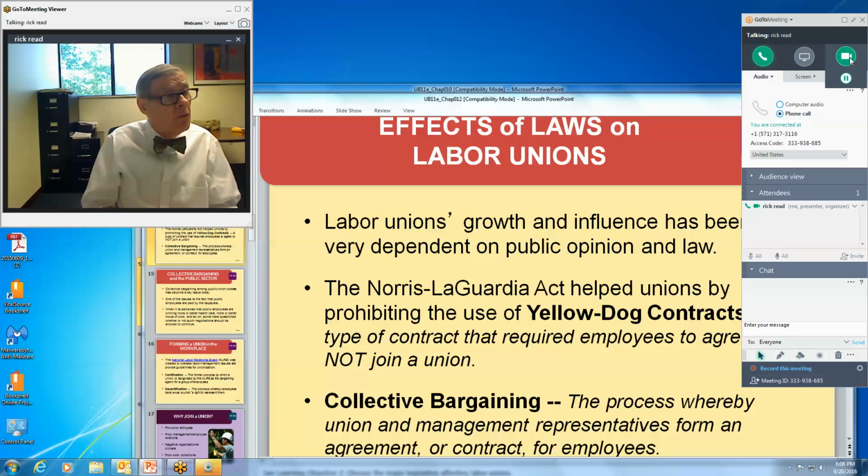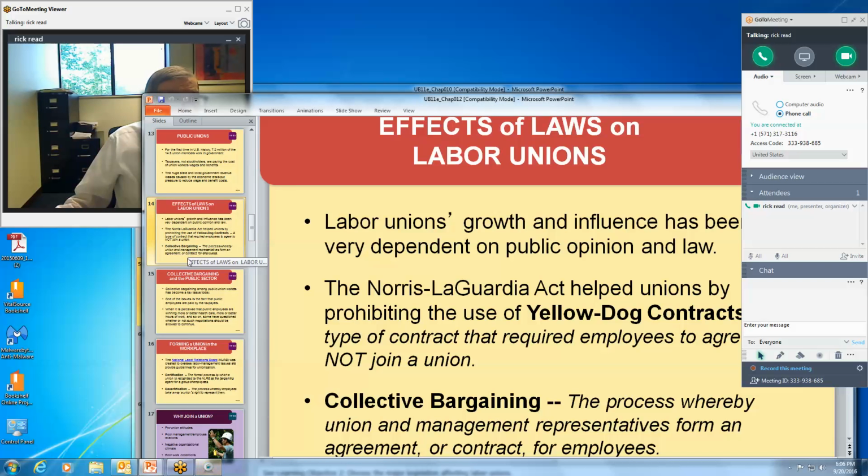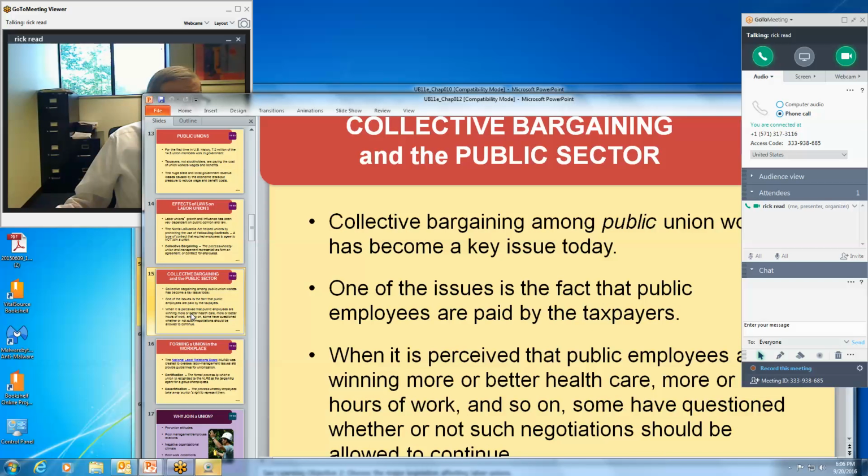And then where we eventually came to is this collective bargaining, and that was promoted by a number of laws that were passed in the United States. We'll get to those in a few minutes.